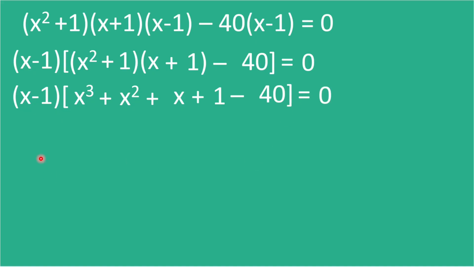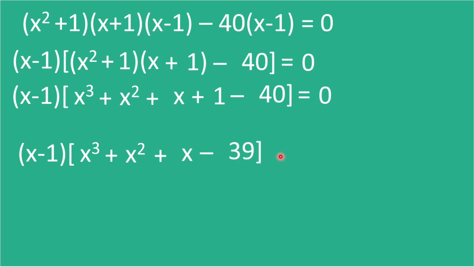Now in the next step, (x − 1)(x³ + x² + x + 1 − 40), and 1 − 40 equals −39, which is equal to 0.